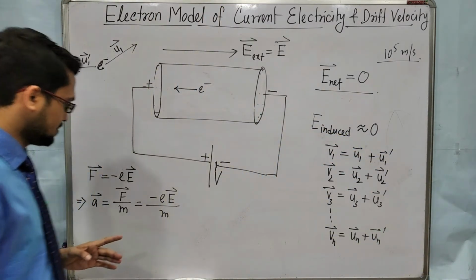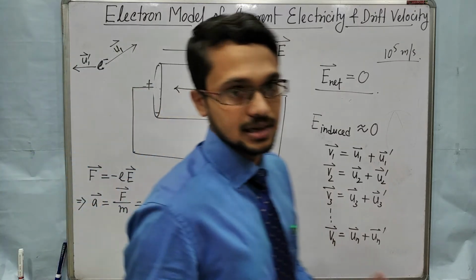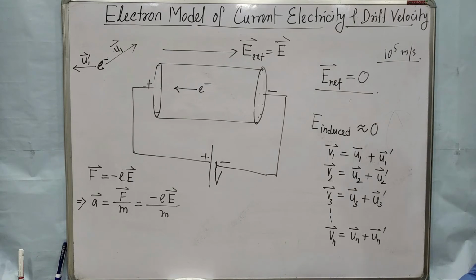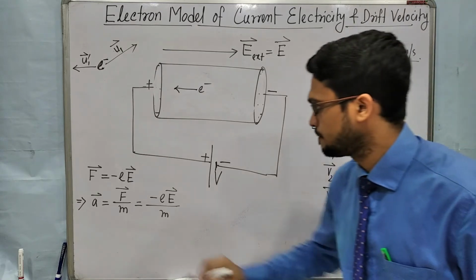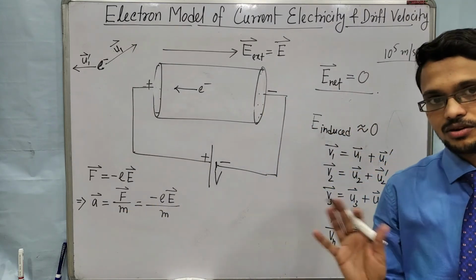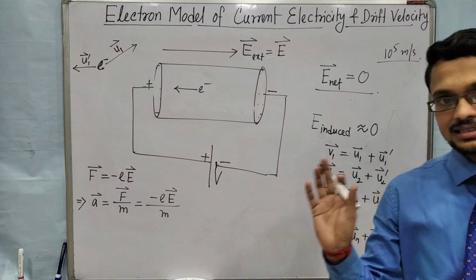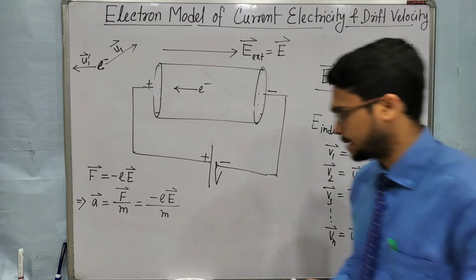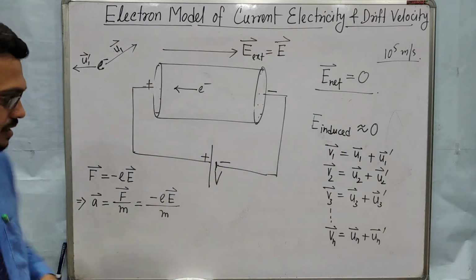You are thinking this, but actually it does not happen. Actually a different kind of thing happens, which I am going to tell now. You might think the electrons are in accelerated motion throughout their journey, but that is not so. So what happens actually here?